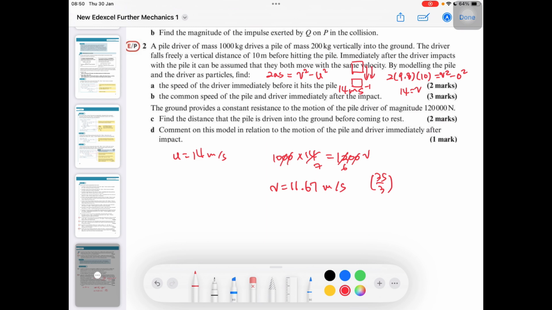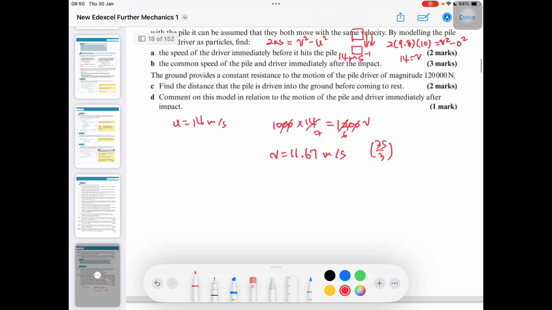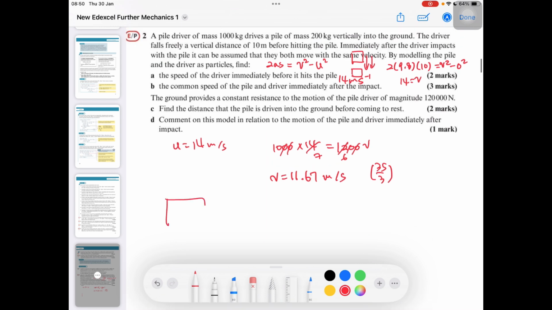And part C. The ground provides a constant resistance to the motion of the pile driver of magnitude 120,000 newtons. So now they are together, they just come like this, 1200 and velocity. I need to make the newton units. So F equals ma. Now we have the gravity, and the resistance is 120,000 newtons.